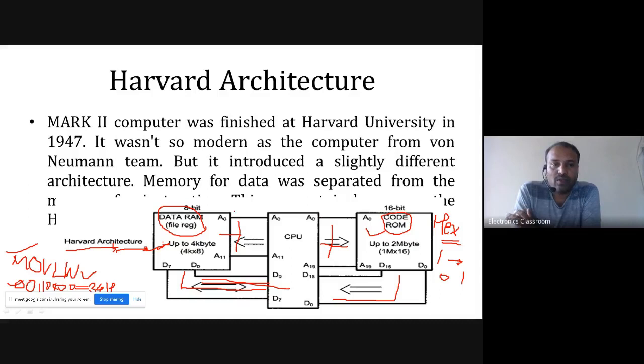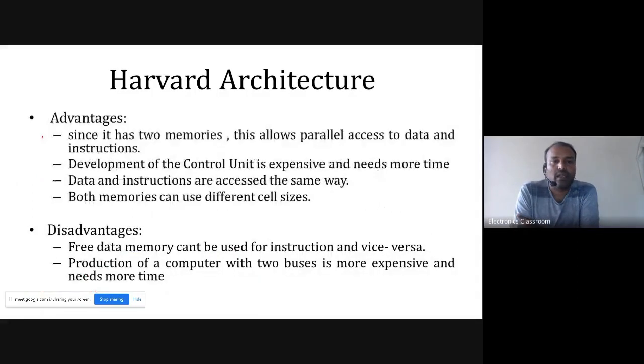So this is the basics of Harvard architecture. Then, what are the advantages of having Harvard architecture? The first and important advantage is that since it has two separate memories, it allows parallel access to data as well as instructions.